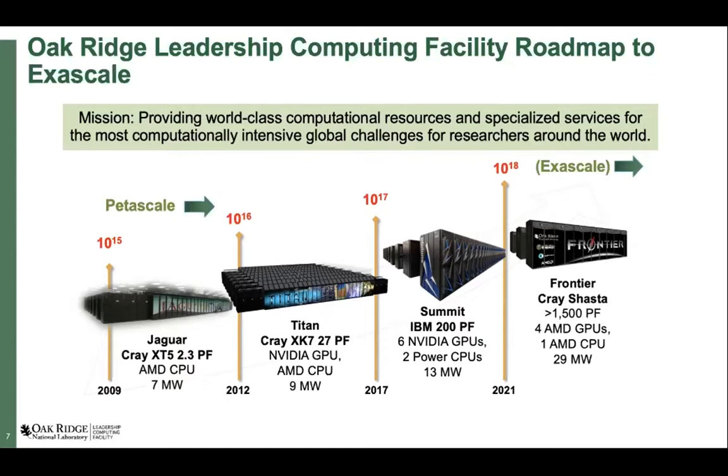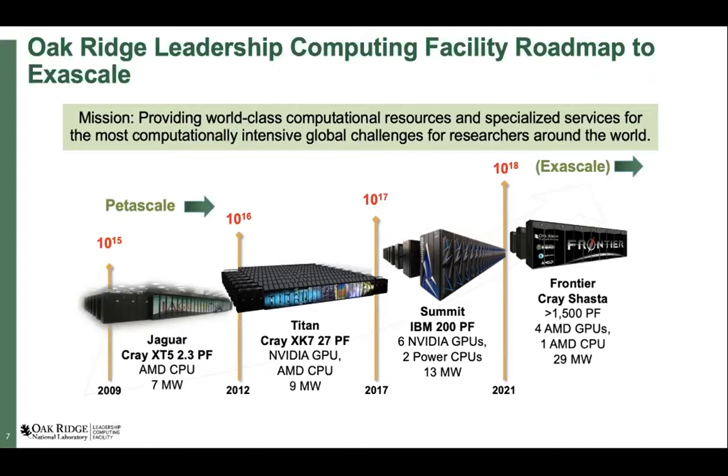Here are the supercomputers that we have stood up over the years. In 2009, we deployed the latest upgrade to Jaguar, which became the world's most powerful supercomputer for open science at that time. Jaguar actually began its service in 2005 with a peak speed of 26 teraflops.